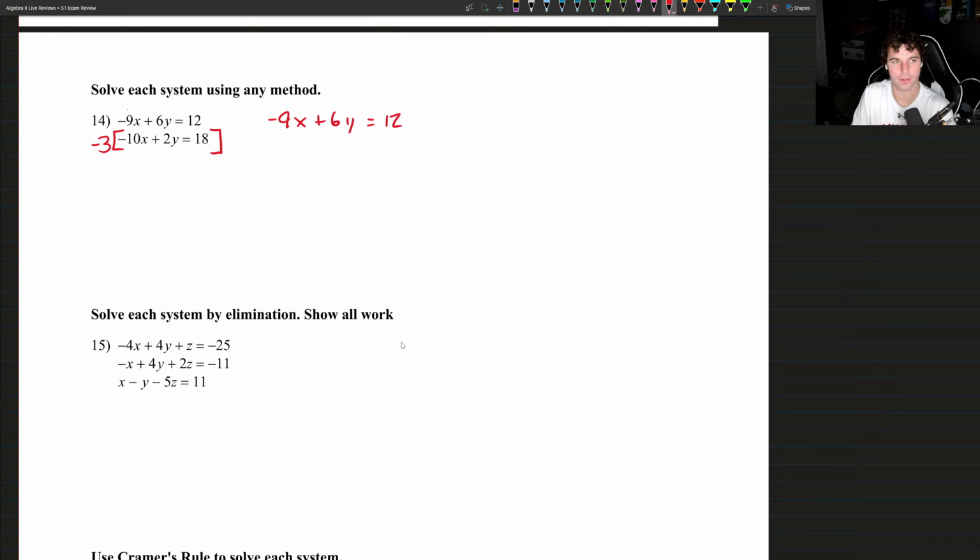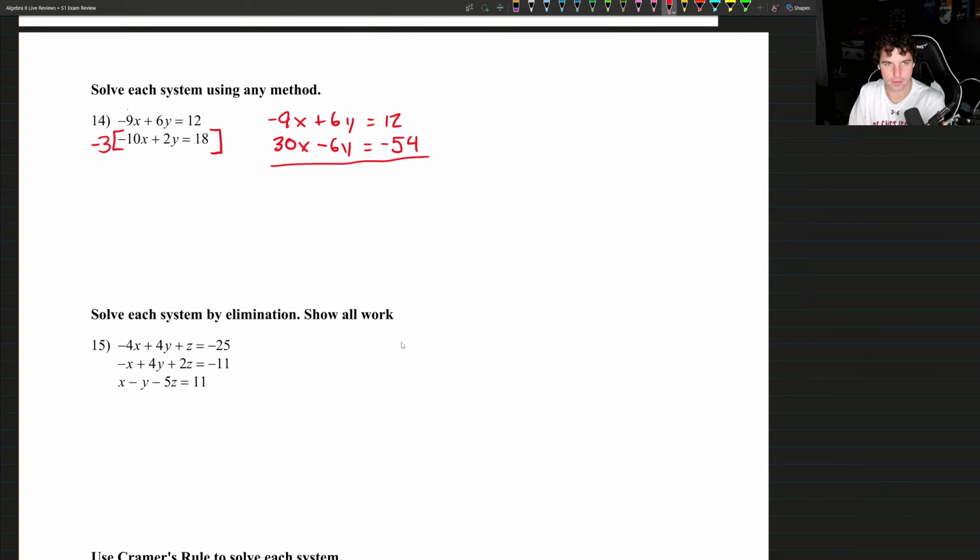And then we get negative 3 times negative 10x, which is 30x. Negative 3 times 2y, which is negative 6y. And then negative 3 times 18, which is negative 54. Okay. And we did that so these y's cancel, right?